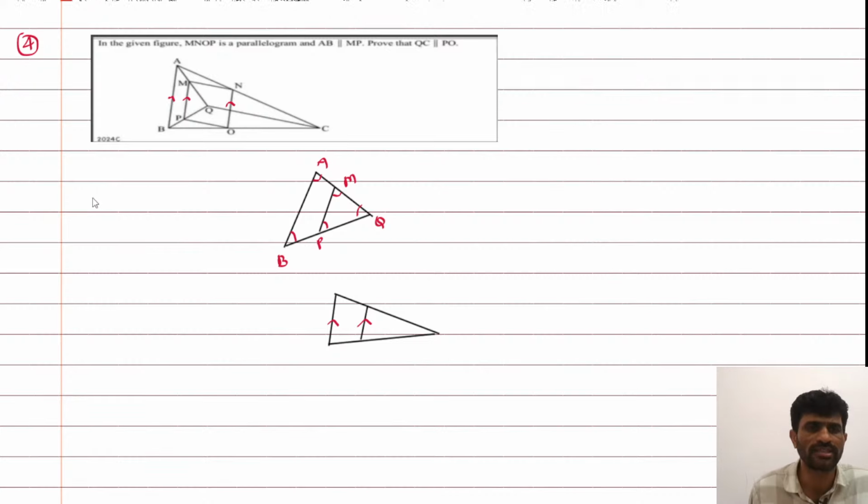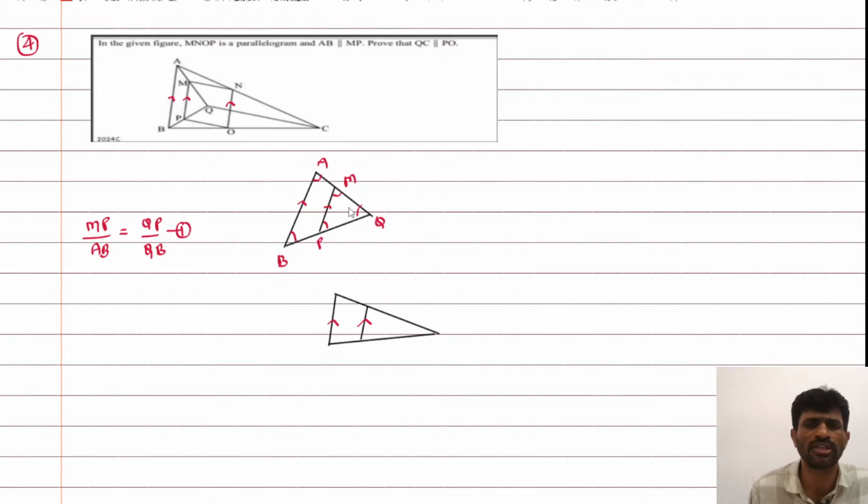So we can also write like this. Remember, not MQ, one second. We can write MP by AB is equal to QP by QB.